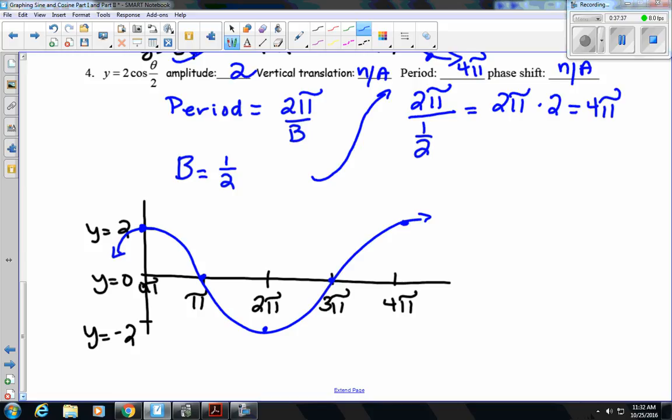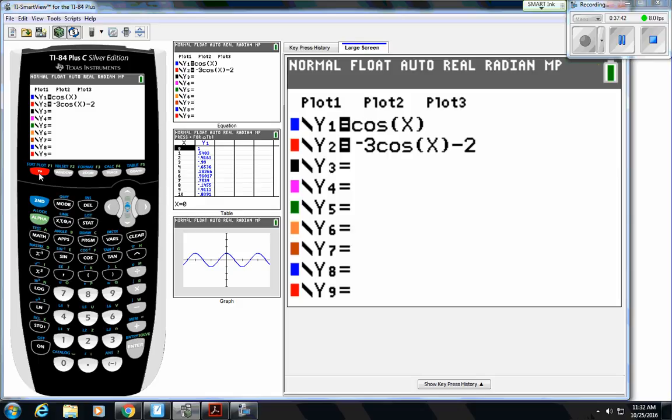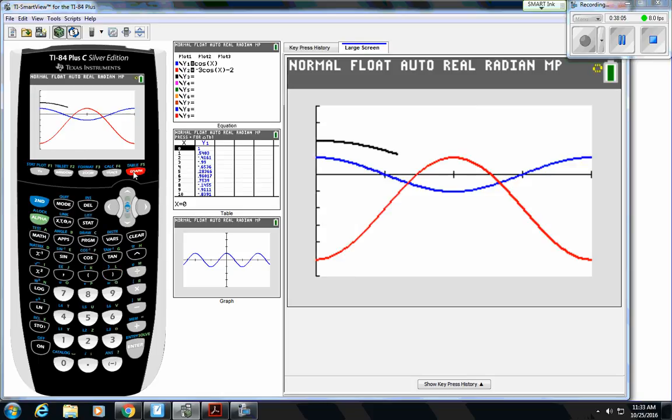So, we take care of that by coming to our calculator, going back to y equals. All right, so this graph was 2 cosine. Was it x over 2? So x divided by 2. Anything else? Okay, now we're going to hit graph, and we're going to have a problem. What is my problem here?